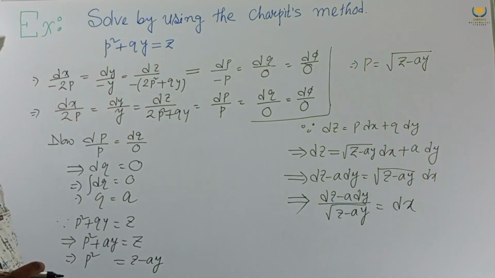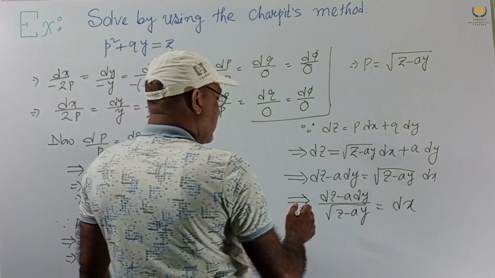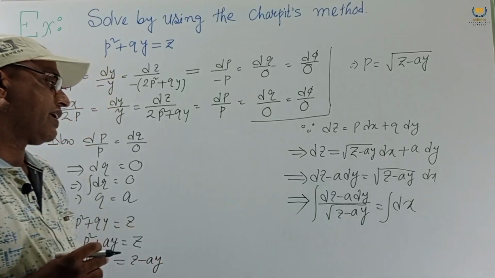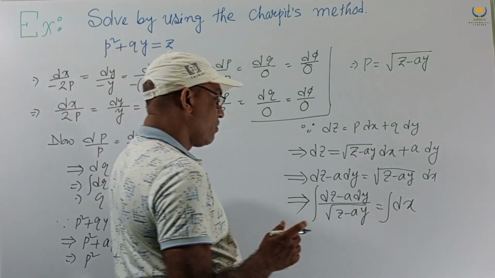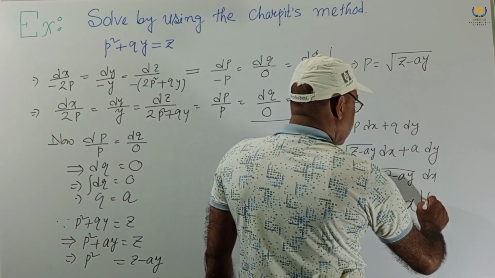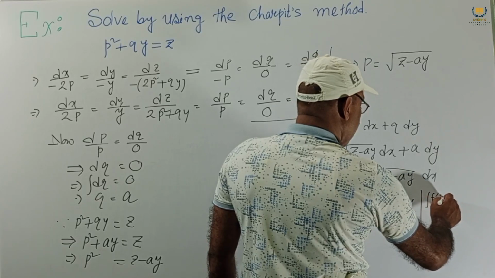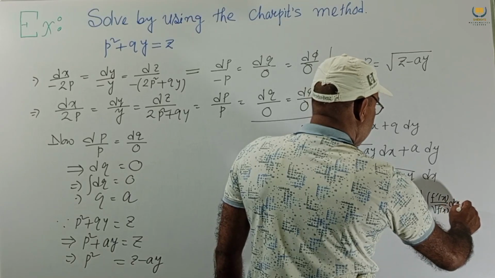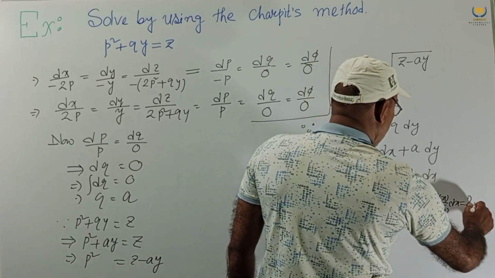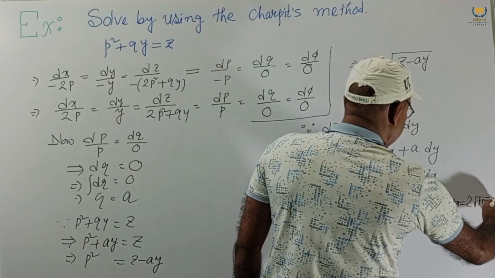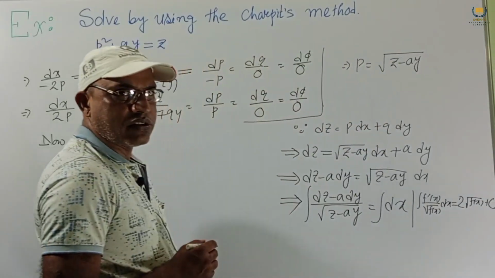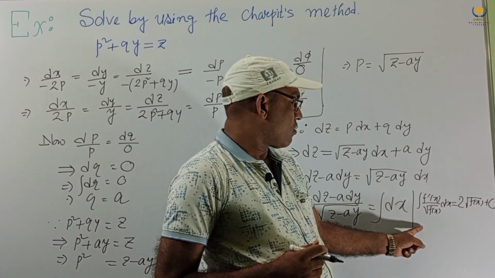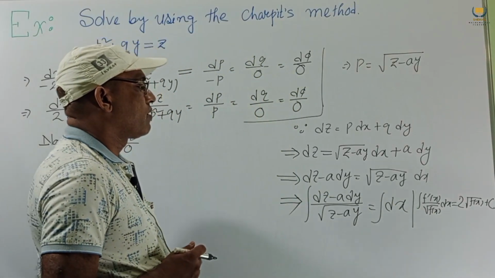We get this. After separating, if we integrate both sides, we know this formula: integration of f dash x by root over fx dx equal to 2 times root over fx plus c.